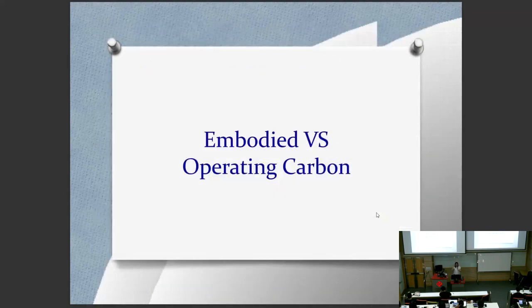Next, which one is larger? Embodied carbon or operating carbon. So we have learned what embodied carbon and operating carbon are, right? Embodied carbon is the carbon emissions due to the consumption of construction material on day one, including due to refurbishment and renovation every few years.